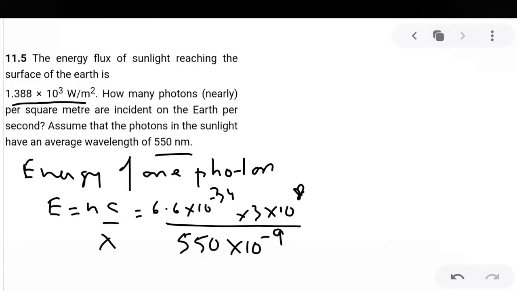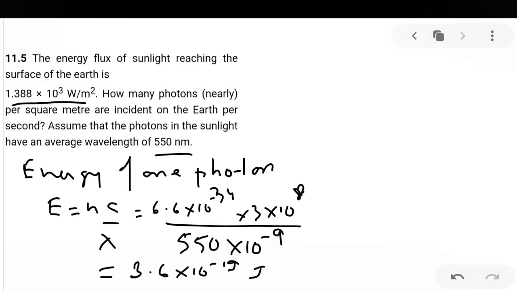This is the energy of one photon. If you simplify this, you will get the result as 3.6 into 10 power minus 19 joule.